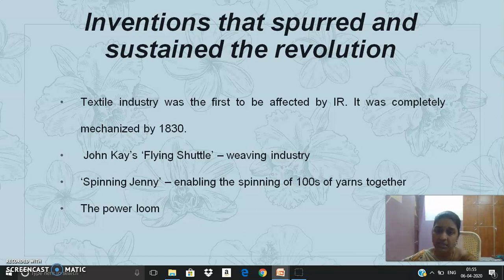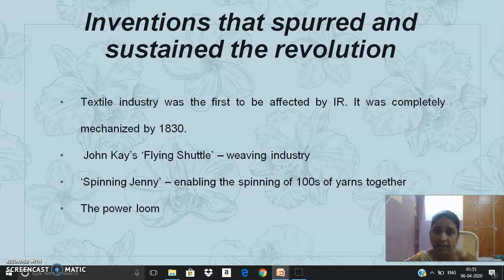One such industry that underwent a sea change and was affected by the Industrial Revolution was the textile industry, where a lot of machinations were introduced. The textile industry is a very popular industry that started from weaving and cottage industry.